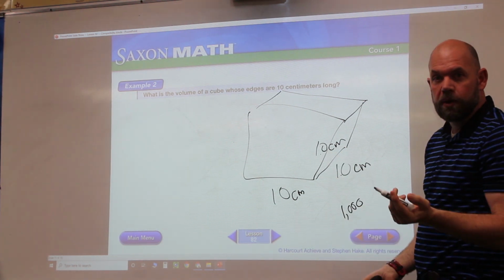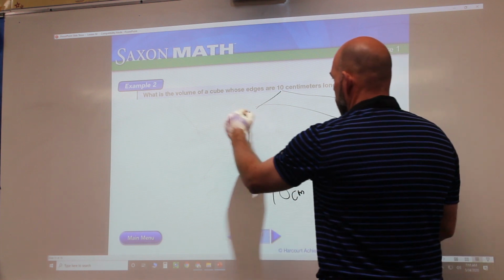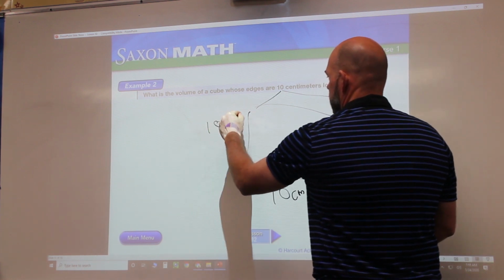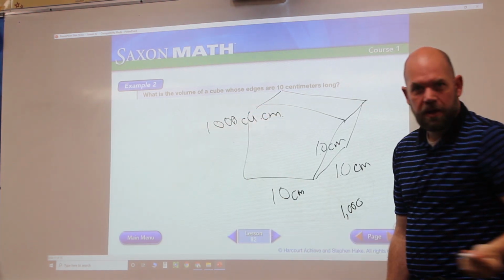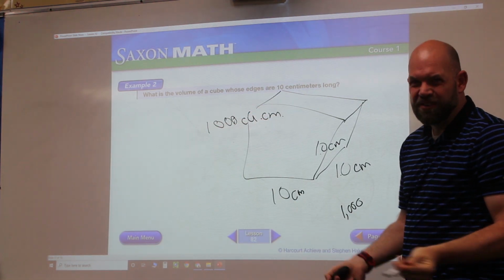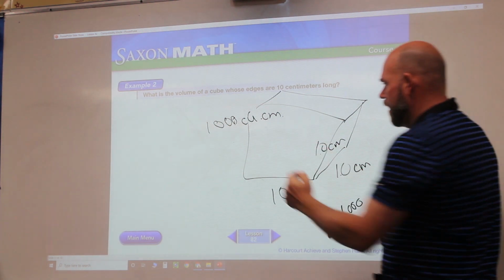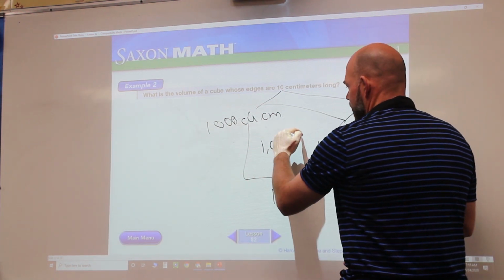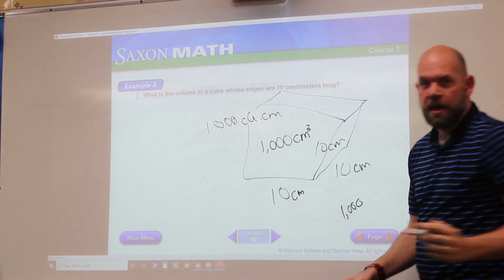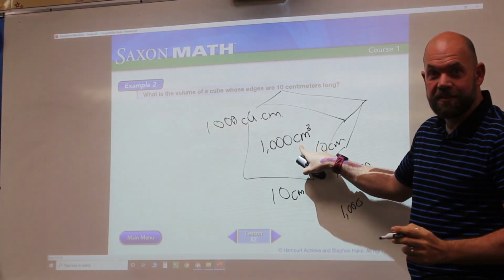Now you can write that one of two ways. You can say 1,000 cubic centimeters. And that's how the book will often write it. I never see it like that in real life. Everywhere I look where I use math, we do it 1,000 centimeters cubed. Now remember, the 3 has to be after the centimeters.